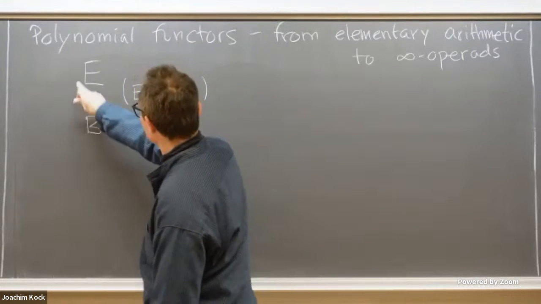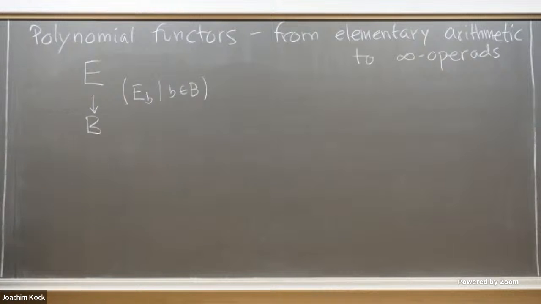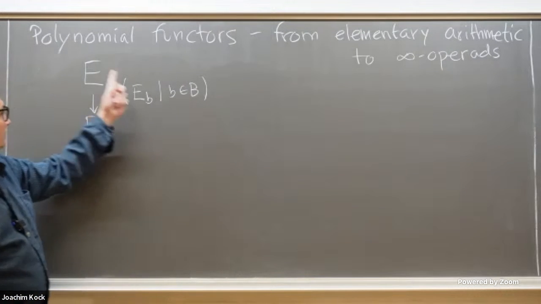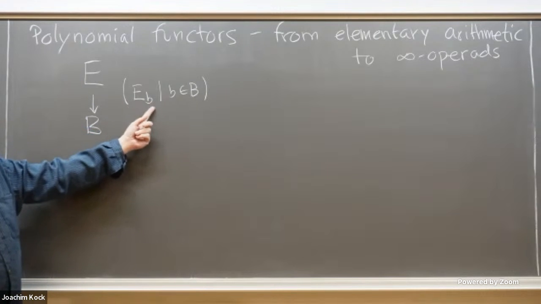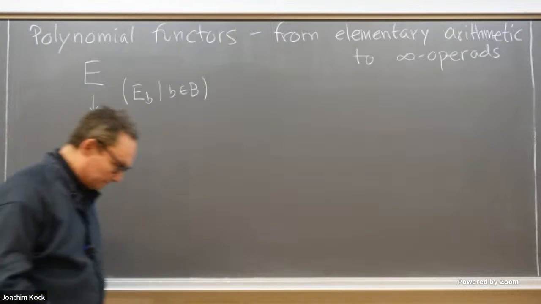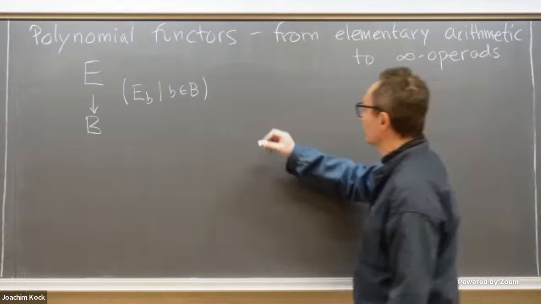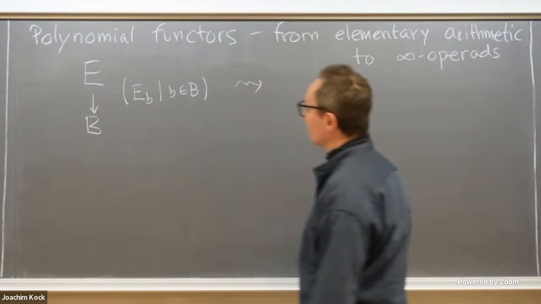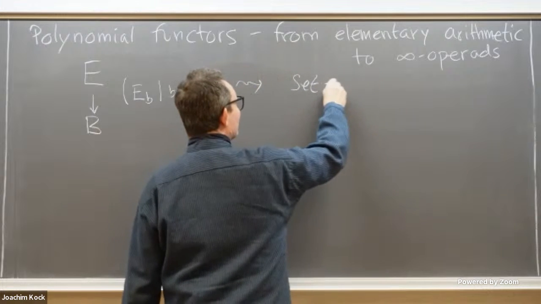So E_b is the fiber of this map over a little b. And if we have this family, conversely, we can reconstruct the map by just taking the total space to be the disjoint union of all the members of the family. So both viewpoints are very important.